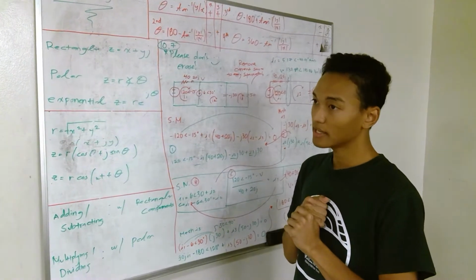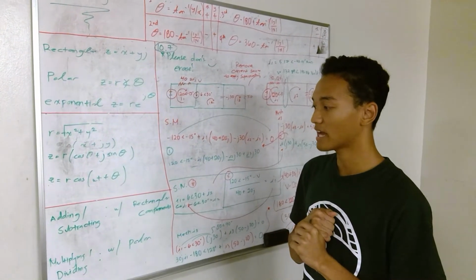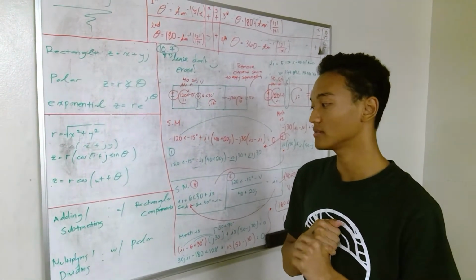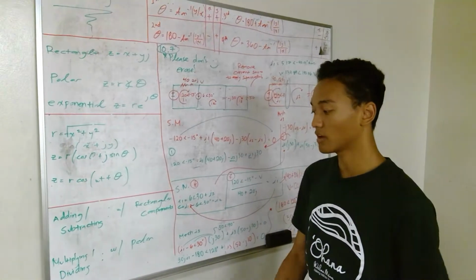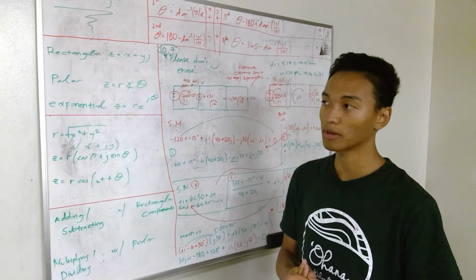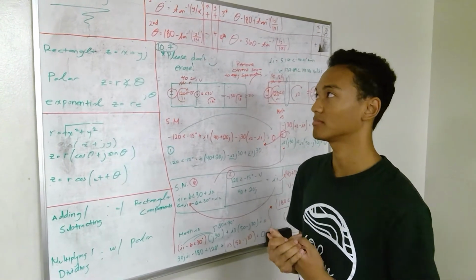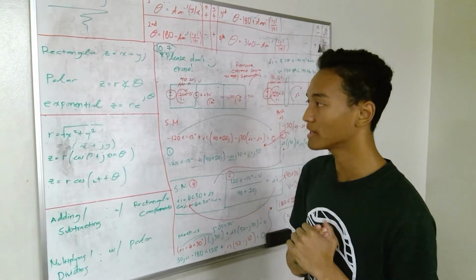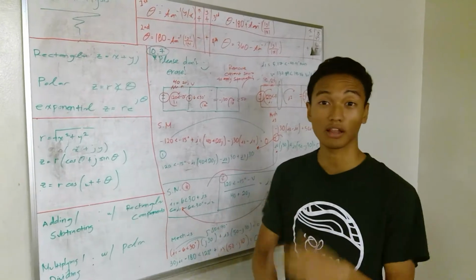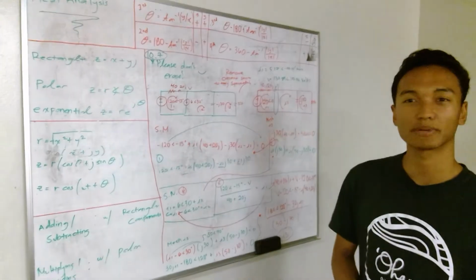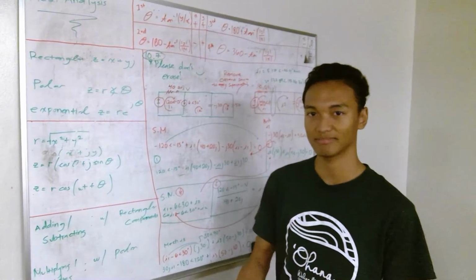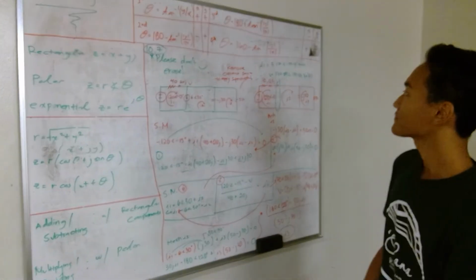One thing to note to make your life easier is adding and subtracting is best with rectangular components, and multiplying and dividing is best with polar coordinates. You convert a lot back and forth in these types of problems, but a lot of the algebra gets in the way, so I just want to let you know.